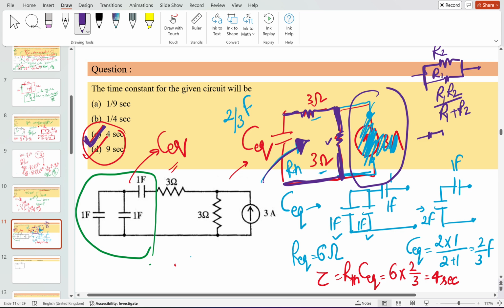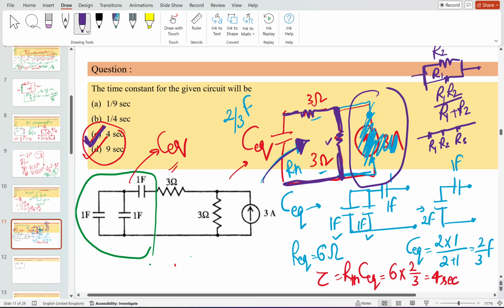But when they are in series, they simply will be equal to the summation, R1 plus R2 plus R3. But if it is a capacitor, then it becomes reverse. If capacitors are in parallel, you will add them. When they are in series, you will use the parallel fashion. Means opposite of the resistor, you can use the formula for the capacitor. Got my point?